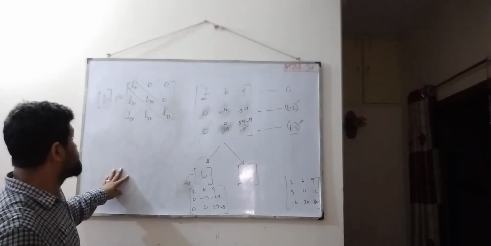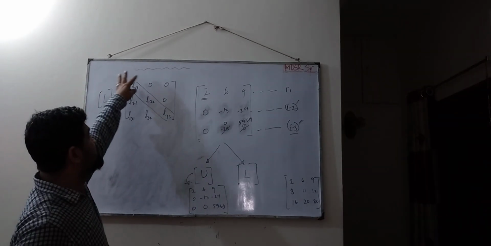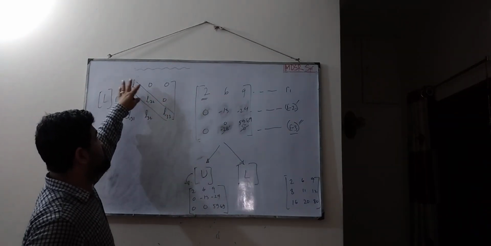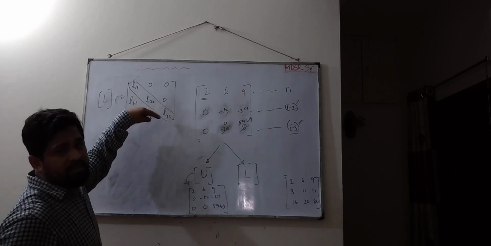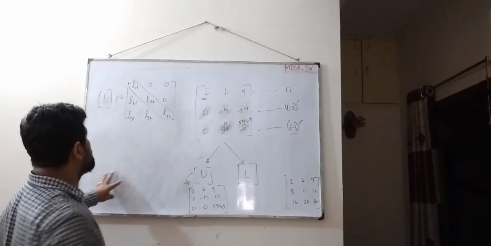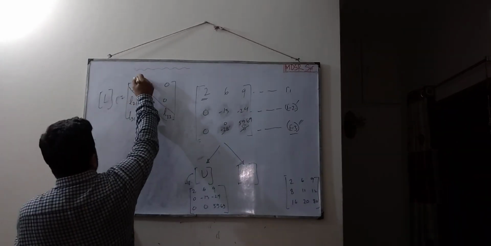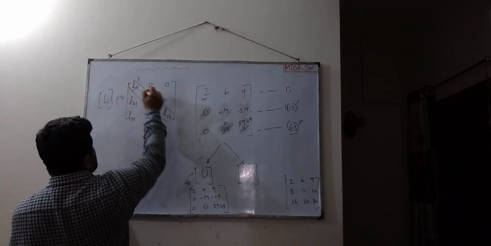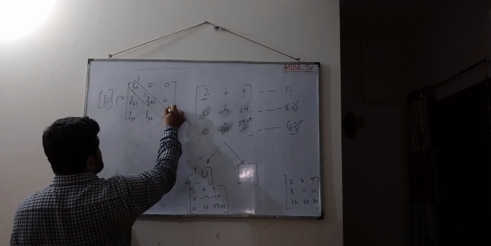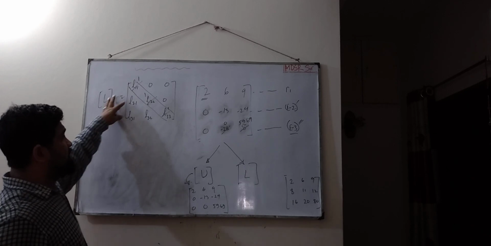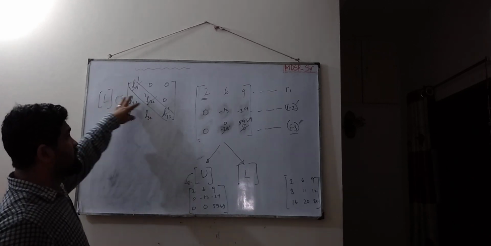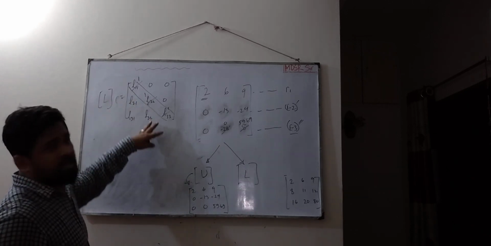So these are all zeros, and all the diagonal elements are all 1. Now all we need to compute is L21, L31, and L32.